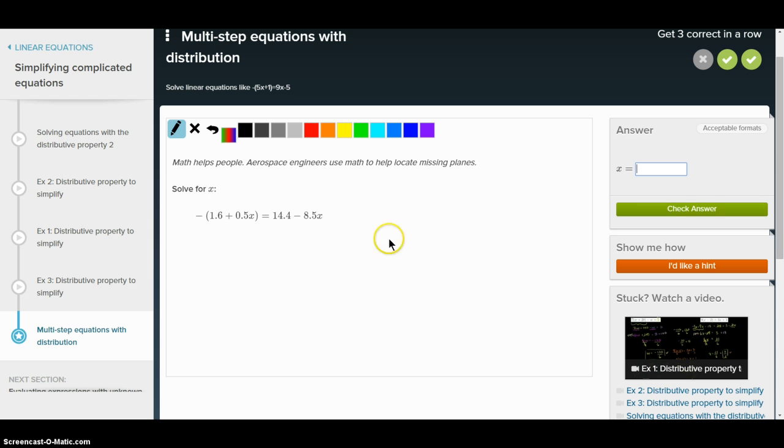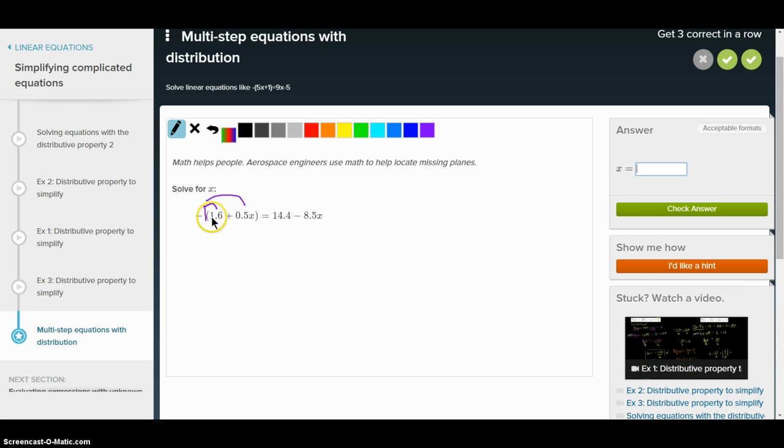Okay, so I think we got one more to do, and so let's do this example here. We have -1, and then that's multiplied by 1.6 plus 0.5x, and that's equal to 14.4 minus 8.5x. So let's distribute this.